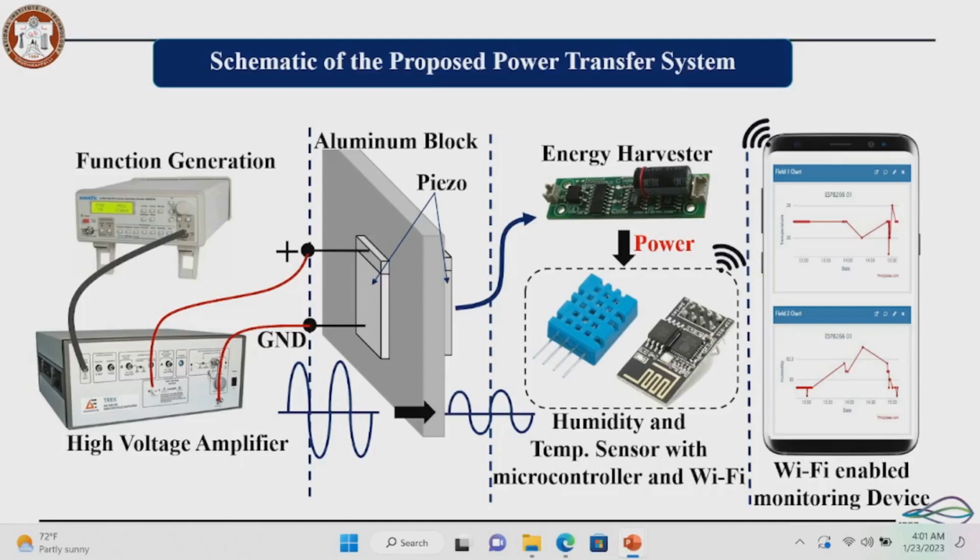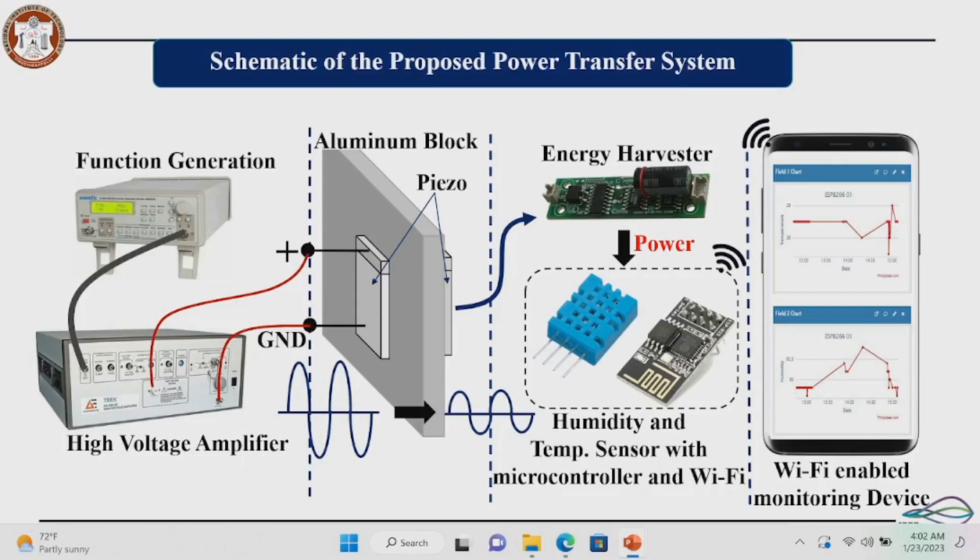So we have to find a component which is capable of storing the power, and simultaneously it has to regulate it and supply some kind of sensor system inside the container. So with experimentation, we found that energy harvester.